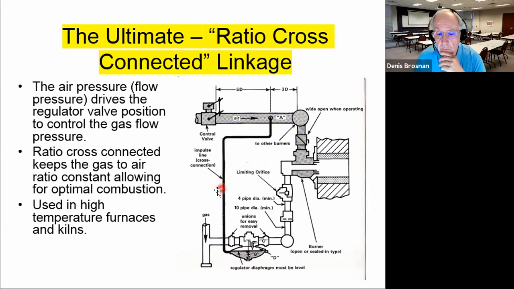That static pressure impulse comes down to the ratio regulator and drives the ratio regulator for the gas system. So we're using the ratio regulator to modulate up and down the amount of gas that goes in the burner, which modulates up and down the amount of heat output of the burner. Ratio cross-connected linkage. System's been around for a long time and works very well. These are very rugged components for a kiln.